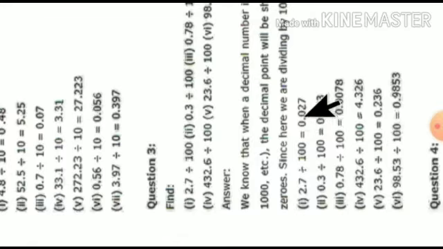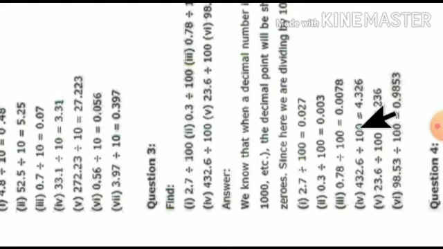So 0.027. 0.3 divided by 100 equal to, again there are 2 zeros, so shift the decimal to the left by 2 digits. So 0.003. One digit is there, one more 0 you have to take. So 0.003. 0.78 divided by 100 equal to 0.0078. Point will shift 2 digits left. 432.6 divided by 100 equal to 4.326.